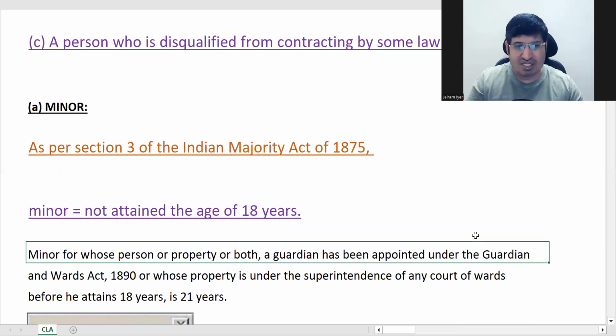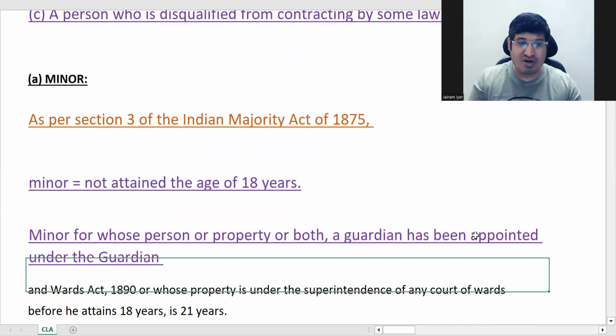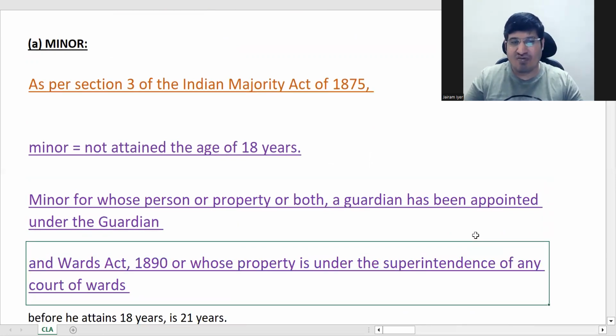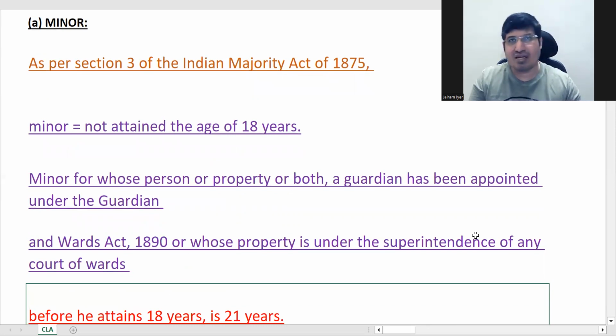But there is one specific thing: a minor for whose property or person a guardian has been appointed under the Guardians and Wards Act. If a guardian has been appointed for you, then for that person it is 21 years. So if the guardian has been appointed before he has attained 18 years, then till 21 years he will be a minor.